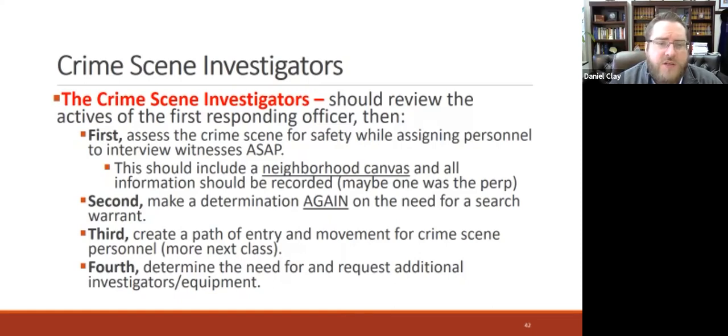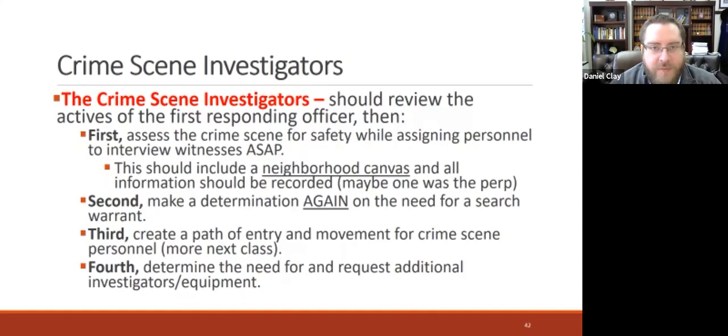Now, as you are doing the neighborhood canvass, as you are talking to witnesses, whether it's a homeless population, houses, a very affluent area, or the middle of a farm town, whatever, everybody should be taking notes. Everybody should be writing down exactly what the people they've talked to have said, and also the officer's impressions.